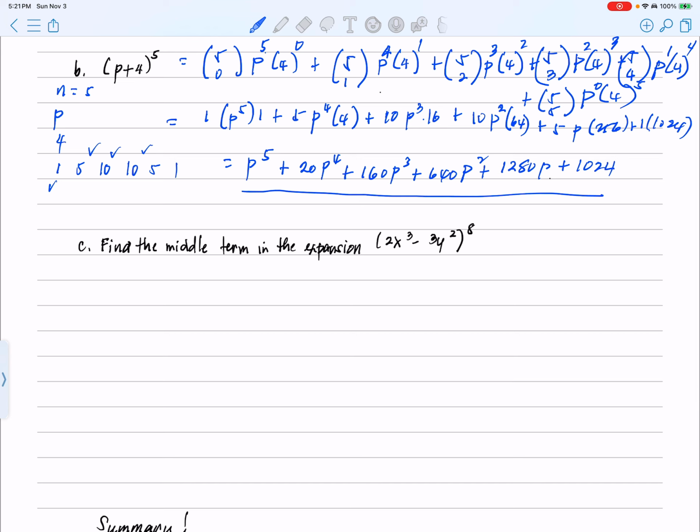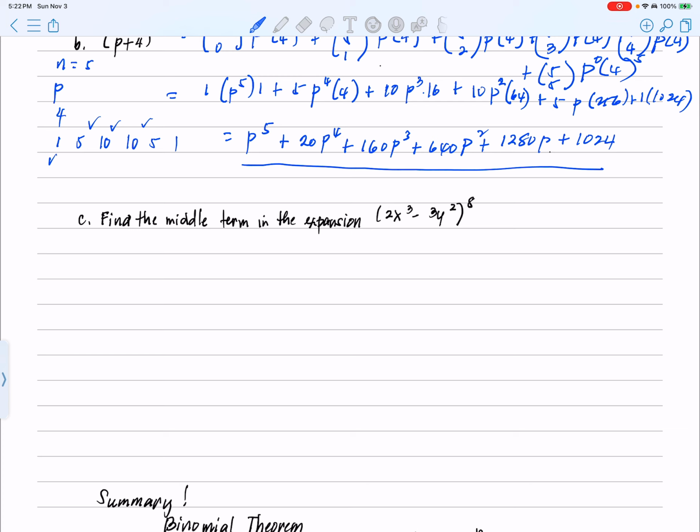Okay, the last one. Find the middle term in the expansion of 2x cubed minus 3y squared to the power of 8. Okay.